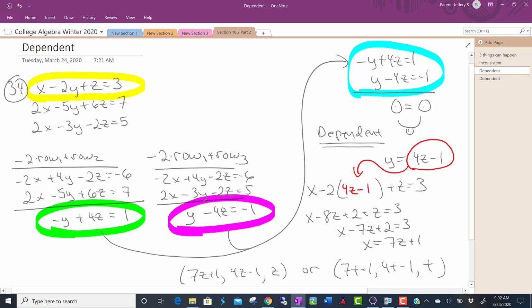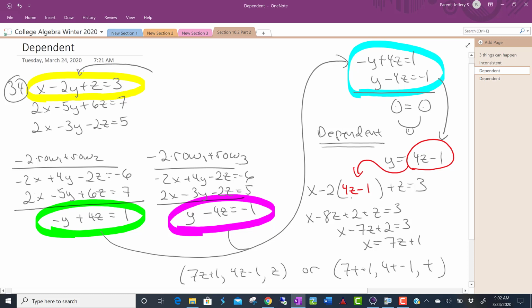Now from the second equation here, I can solve and get that y equals 4z minus 1. So I'm figuring out what y is in terms of z. And once I get that expression for y, let me plug it back in here and see what I get. So I'll plug in that 4z minus 1, and let's see.